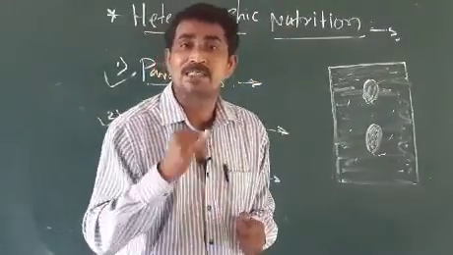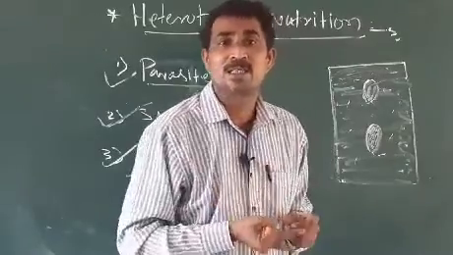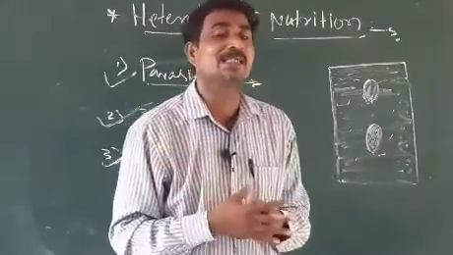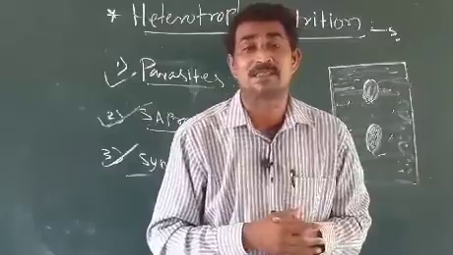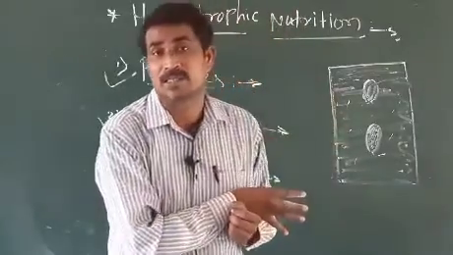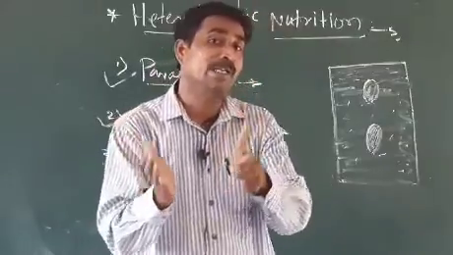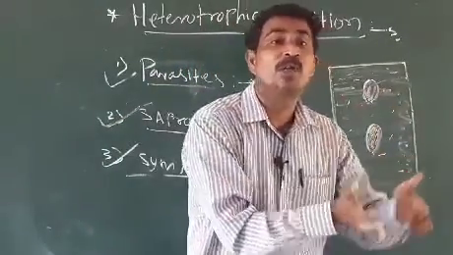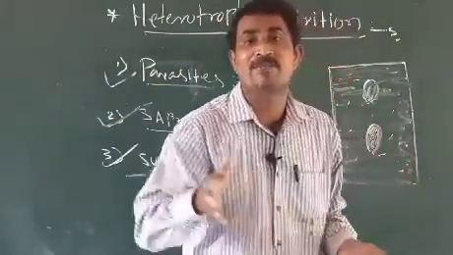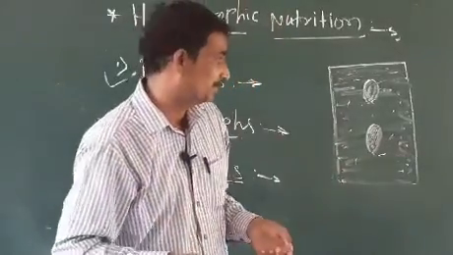Examples of omnivorous are human, dog, crow, and eagle. After that, how the energy flows from one organism to another, we will see by diagrams.